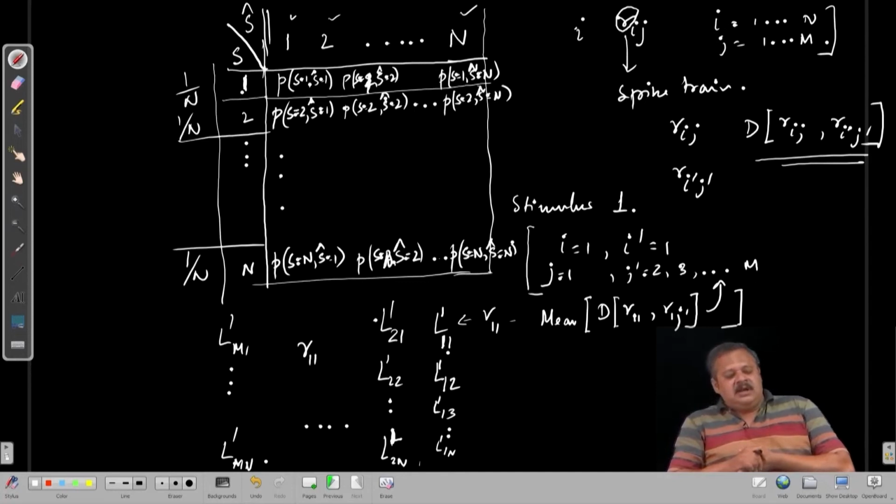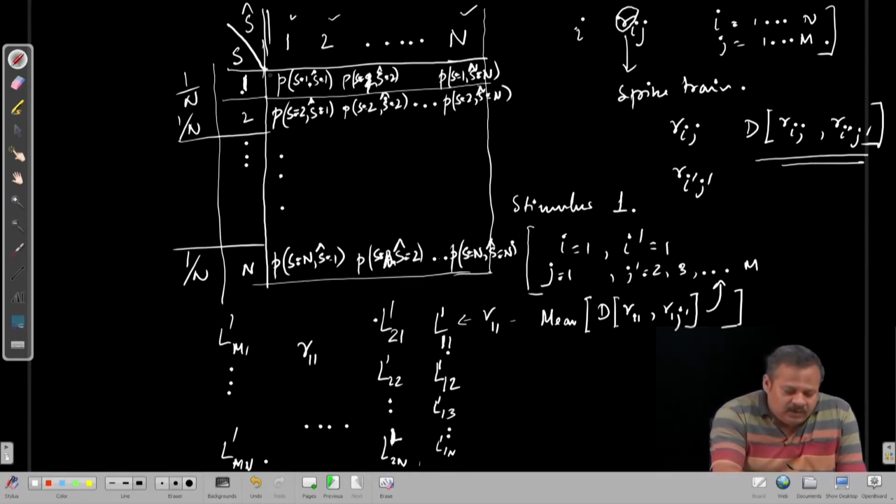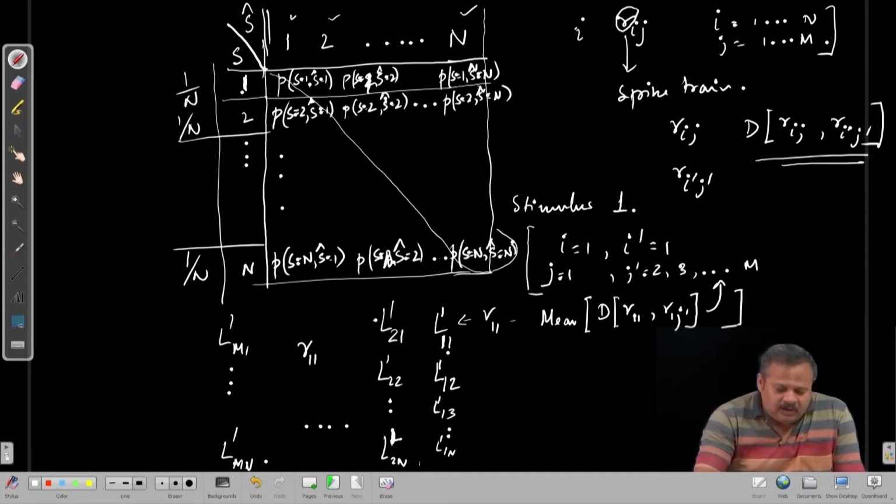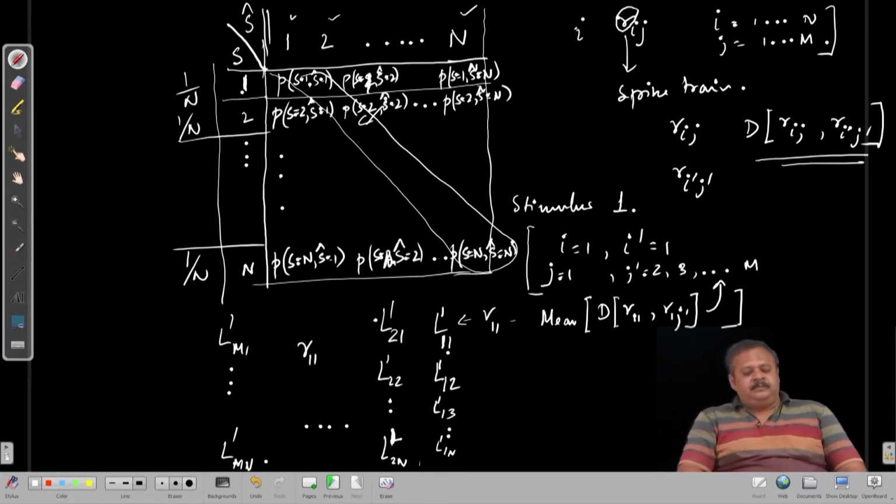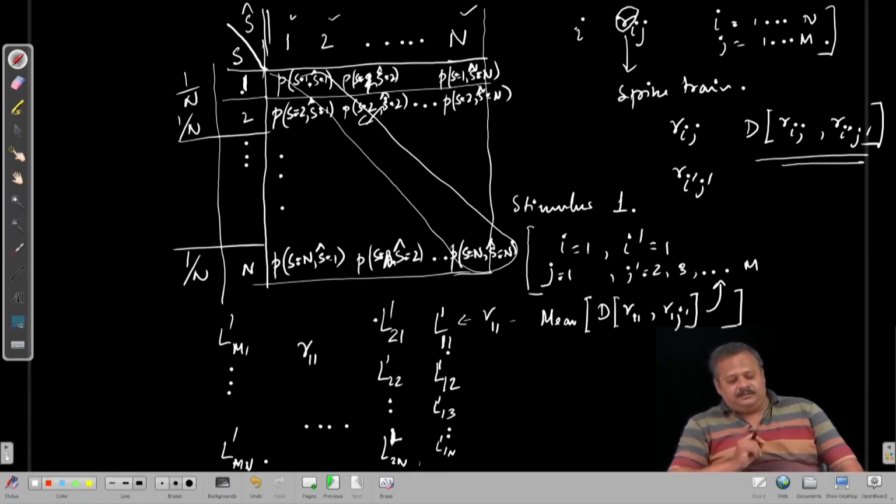That means all the values are going to be along the diagonal here, because the rest of them are 0, none of the times are we incorrect. So, in that case, this matrix is going to be simply a diagonal matrix with 1 by N in each of the elements along the diagonal.